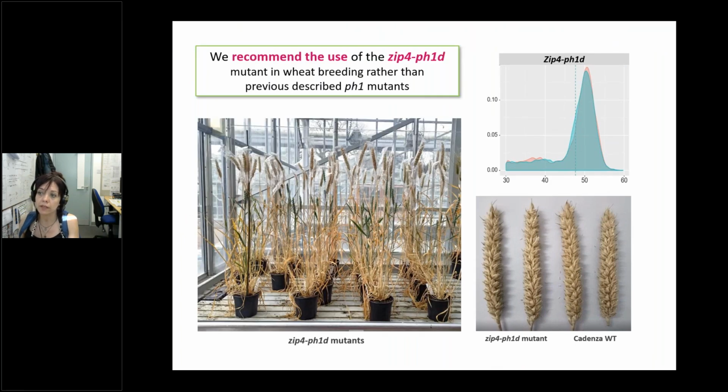And not only the grain setting, but the mutant itself is perfectly normal and homogeneous, contrary to the full ZIP4 mutant, which not only showed reduced fertility, but also reduced vigor and morphological abnormalities as a consequence of the multiple rearrangements. Therefore, the ZIP4 Ph1 mutant represents a separation of function ZIP4 mutant, which allows recombination between wheat and wild relatives while still preserving the stability and fertility in wheat itself.